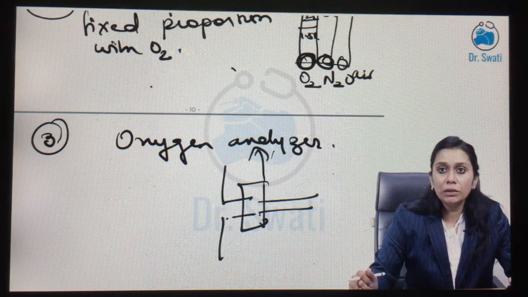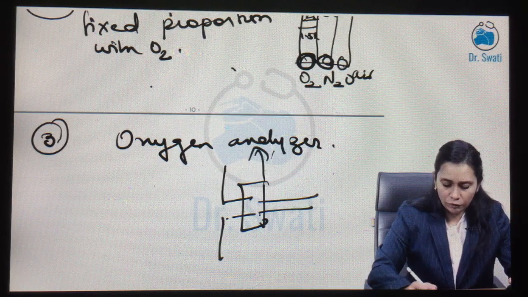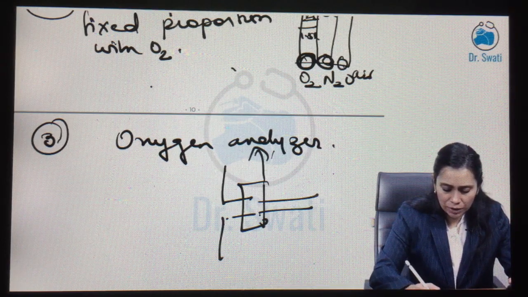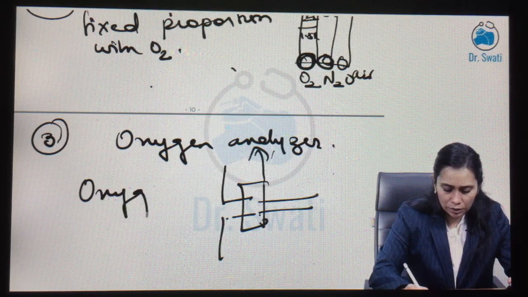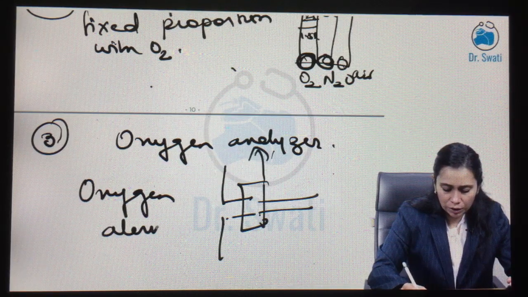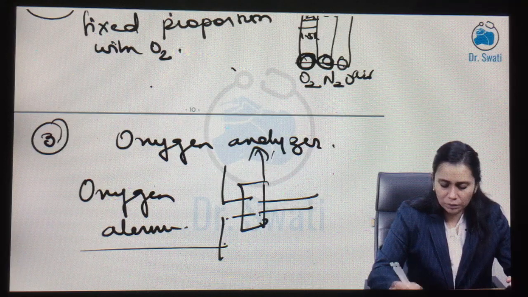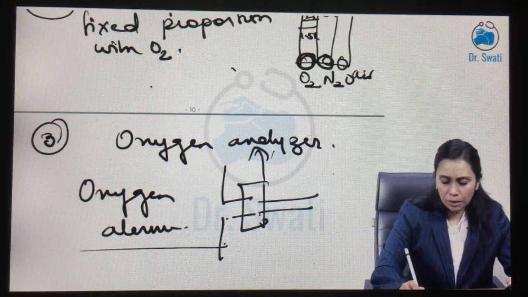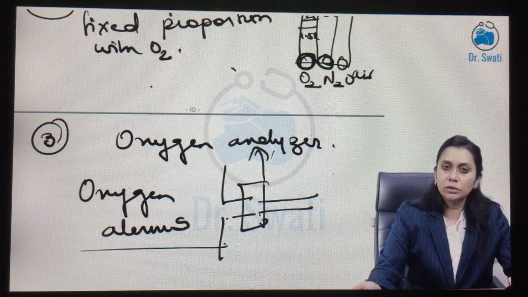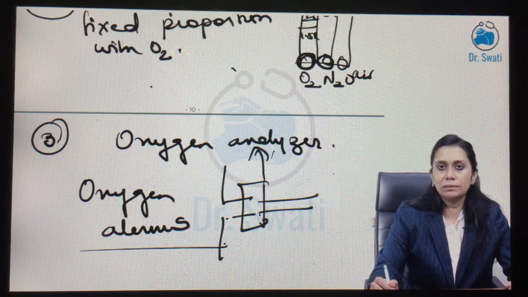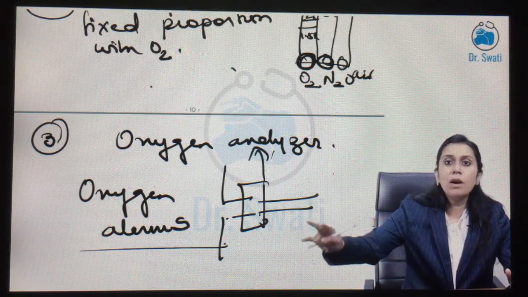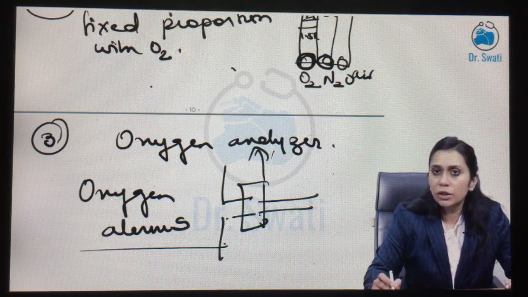If it is below the mandatory level, there are alarms in the machine. We have oxygen alarms in the machine. So it will start ringing. Okay? So whatever we do, we can't give a hypoxic mixture to the patient. Got it? These are our hypoxia guards, which prevent us from giving a hypoxic inspiratory mixture to the patient.